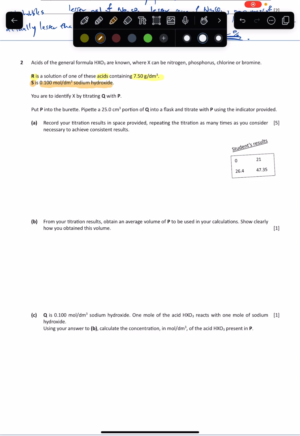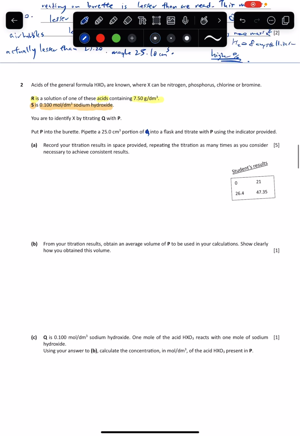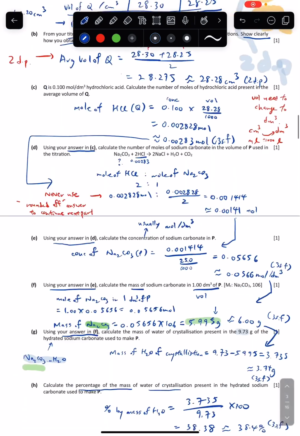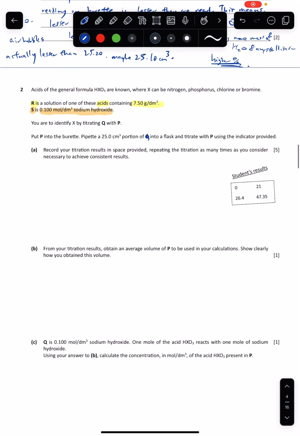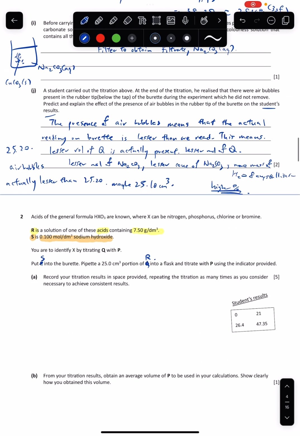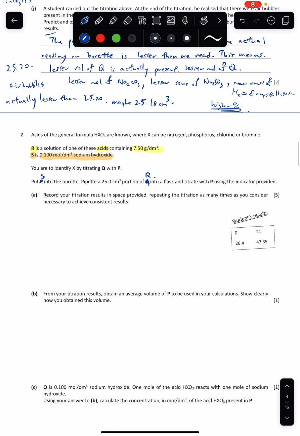Average volume of P. That means this is, okay, sorry, there's a mistake here. Hold on, let me resolve this. This is S, this is R. Oh, there's a lot of P. Oh, okay, I get it.